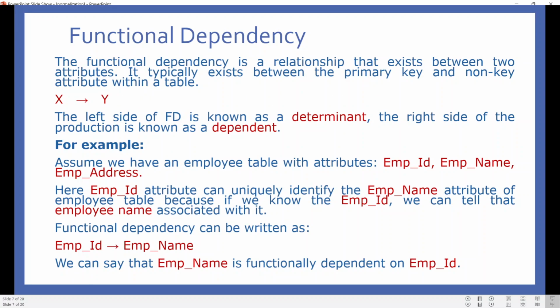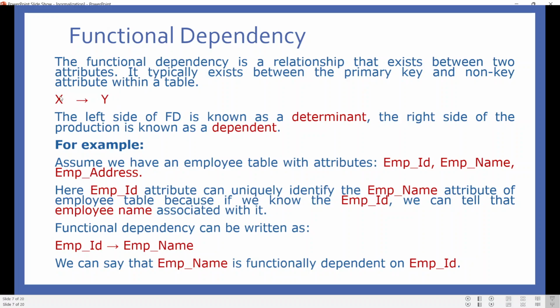Another thing you need to understand when we talk about normalization is functional dependency. Functional dependency is a relationship that exists between two attributes. Usually it exists between a primary key and a non-key attribute within the table. For example, you have two attributes x and y.